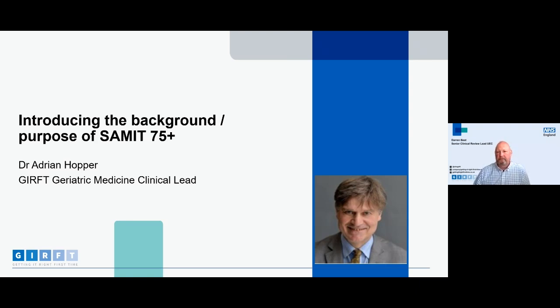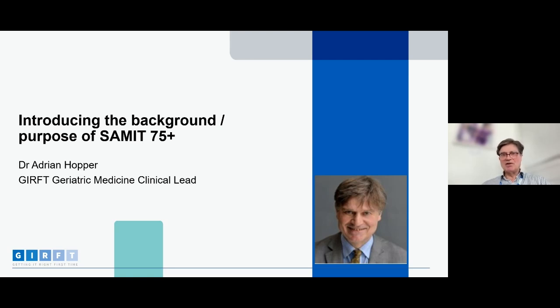So the first thing, Darren's already mentioned the model hospital, and that overlaps very much with the SAMIT 75, but it has slight differences. First of all, it tends to be much behind, so it's several months behind, about 6 months on average.